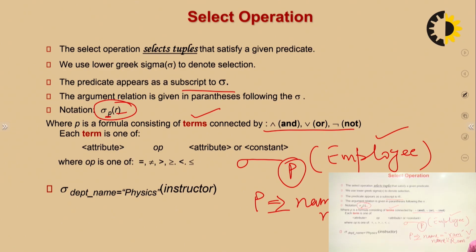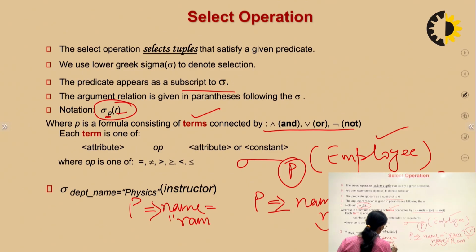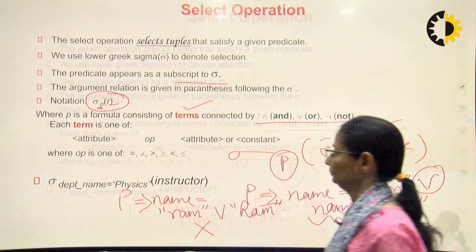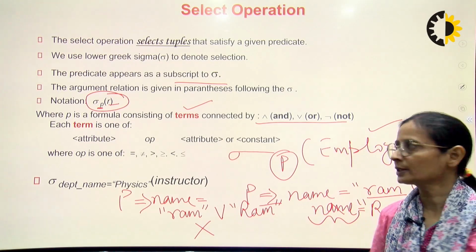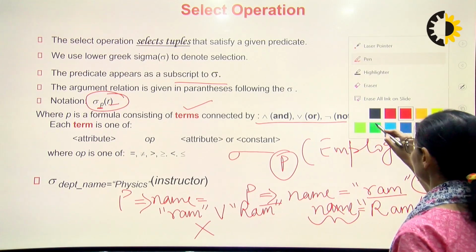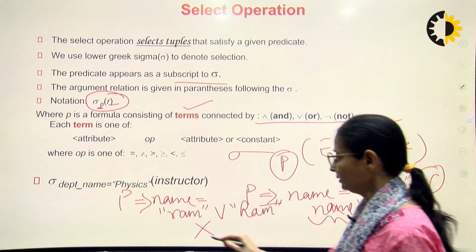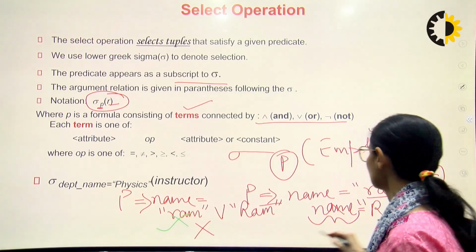Sometimes students apply this or operator without using the name of the column. This is a correct usage. This is an incorrect usage and this is the correct usage.